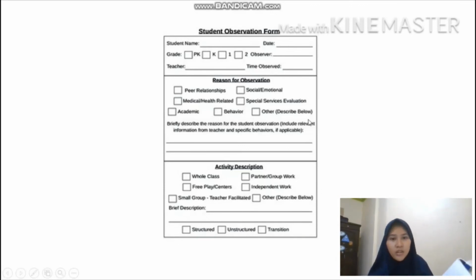Jadi ini adalah other forms of students observation form. Terus pokoknya, nah di form ini kan di checklist.